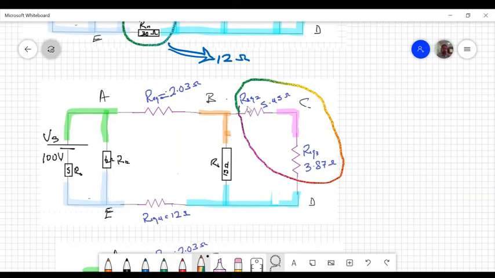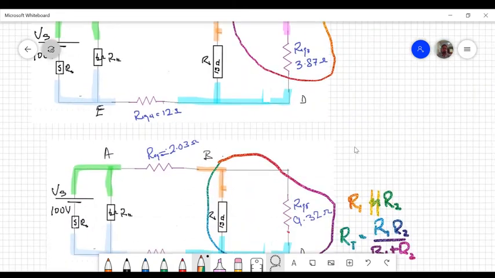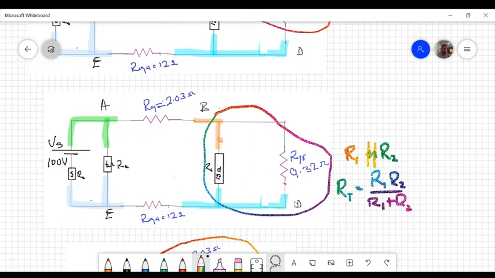But look here in the colored circle, we have two resistors in series, 5.45 and 3.87, so we can go ahead and combine those to get 9.32.